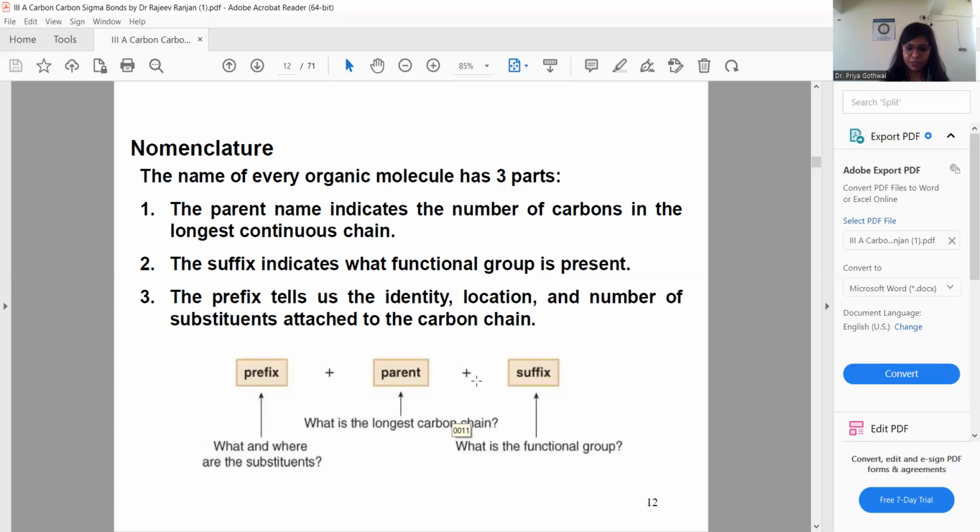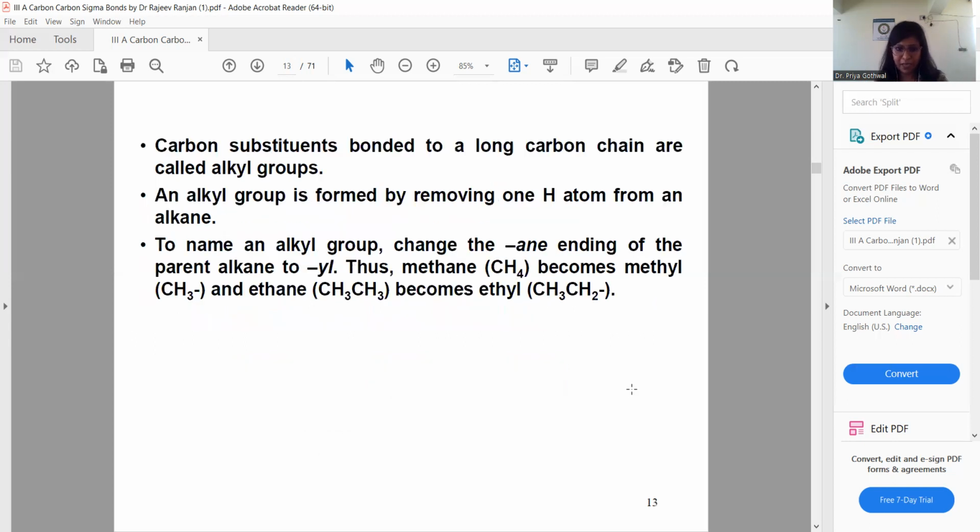So this is described through some examples. Firstly, carbon substituents bonded to a long carbon chain are called alkyl groups. An alkyl group is formed by removing one hydrogen from a parent alkane.